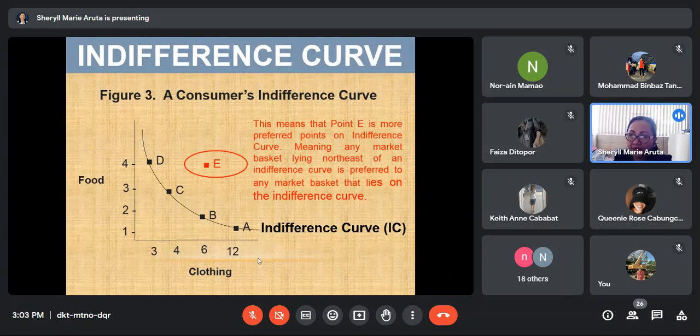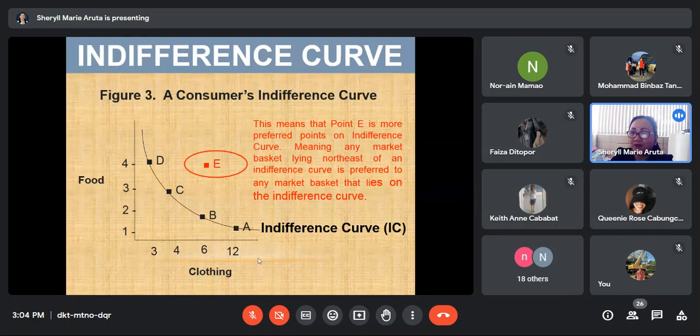Okay? But if the points lying outside the indifference curve are combined with the budget constraint, these are points that are beyond our income. Though the satisfaction we would experience is higher, we cannot afford it. Okay, sometimes it appears as an outlier in our graph.